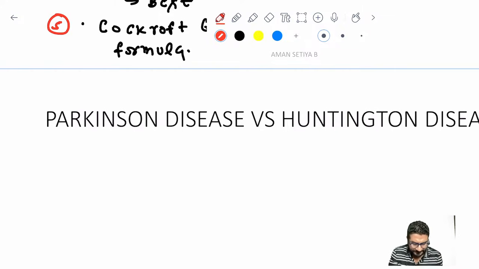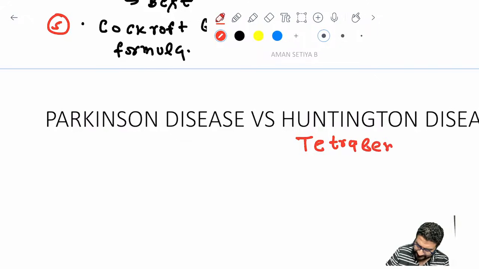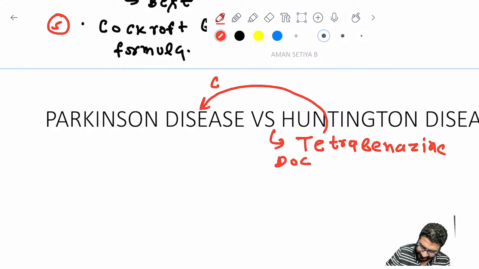Okay, tell me the answer then. So in Huntington, we have a drug called tetrabenazine. Just remember that this drug, tetrabenazine, is actually the drug of choice in Huntington disease, but this can cause Parkinson. So first thing is clear, tetrabenazine can cause Parkinson.